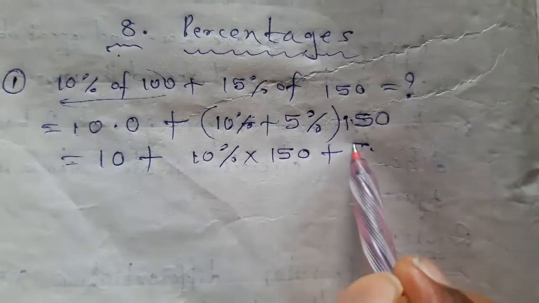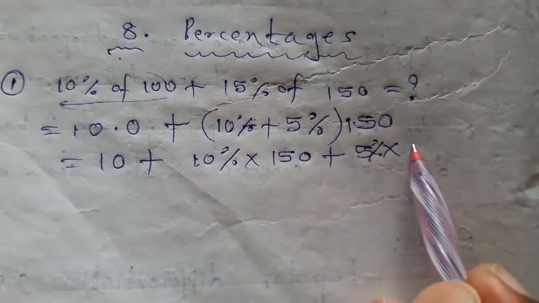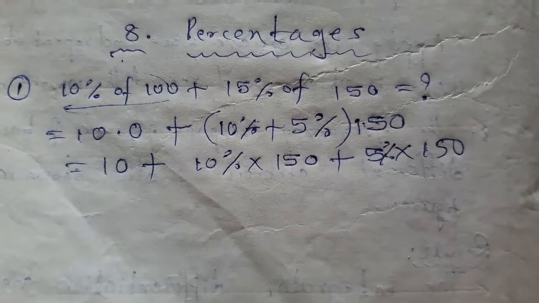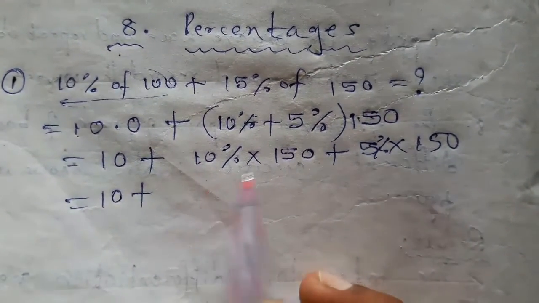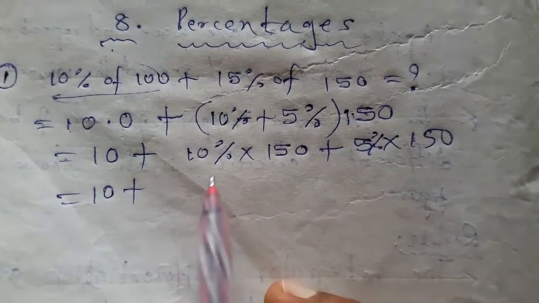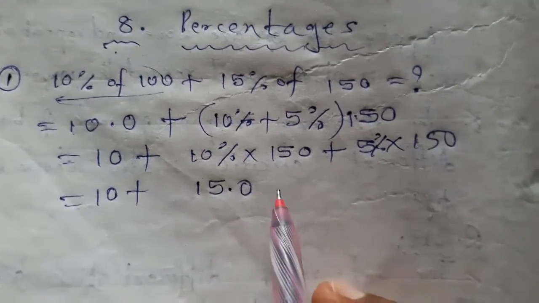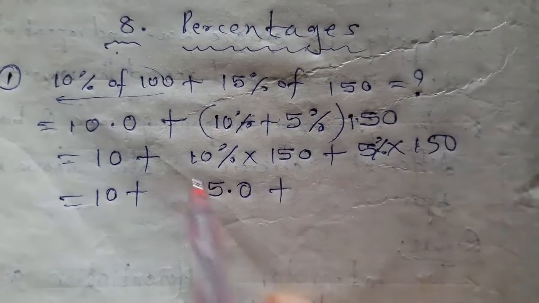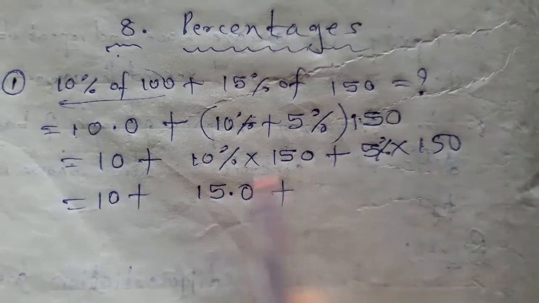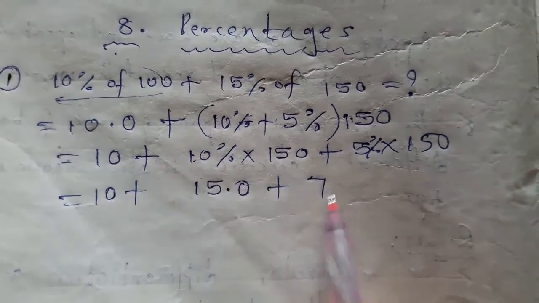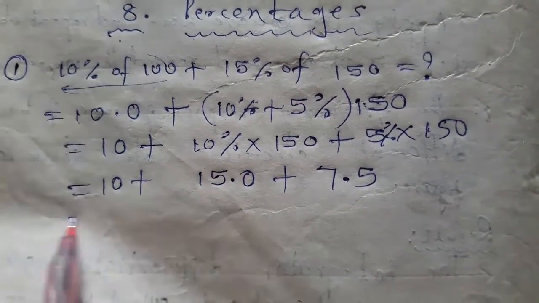Now 10% of 150 means 15.0, plus 5% means half of this 10%, that means 7.5, isn't it?